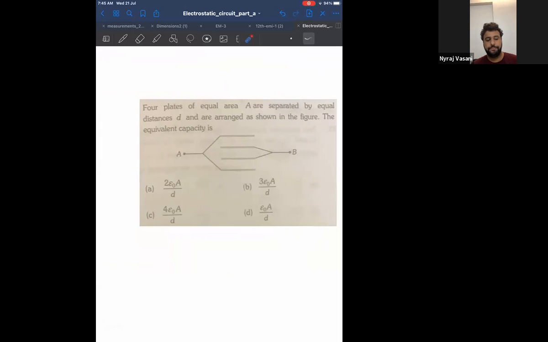Start with this. What is the formula for a parallel plate capacitor? A K epsilon naught by D, generally. A K epsilon naught by D or A epsilon naught by D. So in this case, I had told you in one of the classes the shortcut to get the answer for this. So try to get the answer from this. Rajvi, correct. Virali, correct. Others, try to give me the answer.